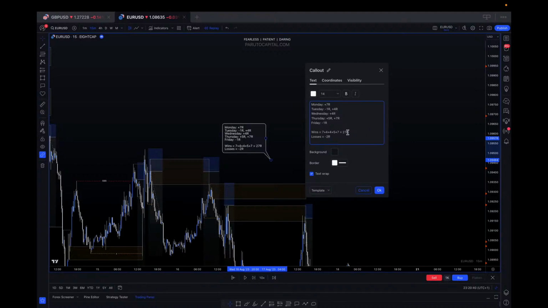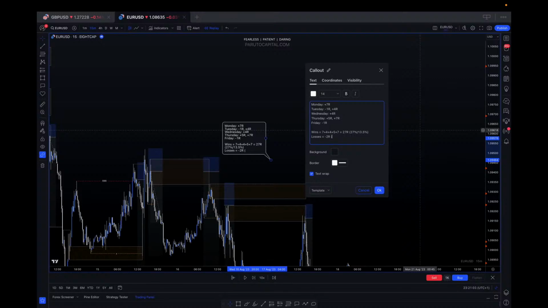Okay, and that's it. So if you're risking 1%, that means this week 27%, right? Which I usually risk 0.5%. So essentially that's half of that, which is 13.5%, right?